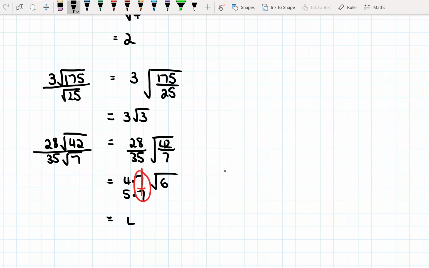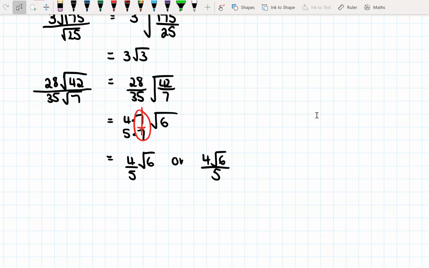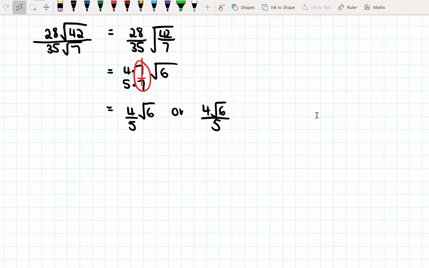So basically we're going to get 4/5 root 6, or 4 root 6 divided by 5. Either of these answers is perfectly okay. They both mean the same thing. So this is how we can work with division of square roots.